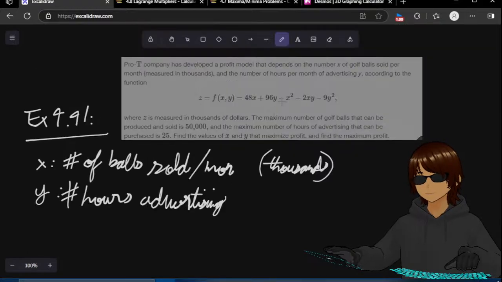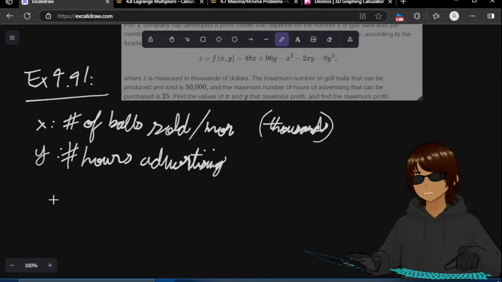So 48x plus 96y, and so on. Z is measured in thousands of dollars. The maximum number of golf balls that can be produced and sold is 50,000. The maximum number of hours of advertising that can be purchased is 25. Find the values of x and y that maximize profit. Find the maximum profit.